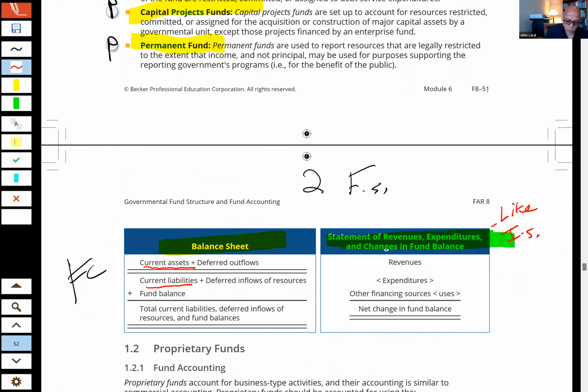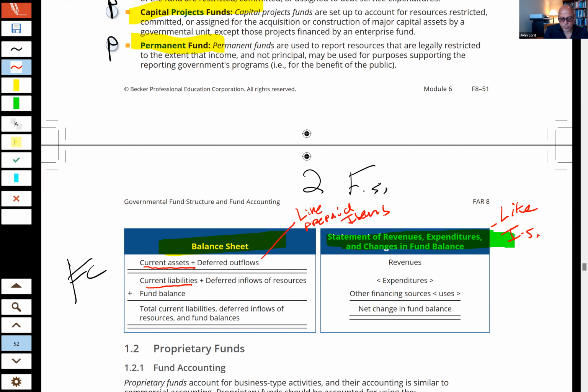Okay. Now we're going to get into this more later, but deferred outflows here are like prepaid items, but not quite. They're sort of between what? Between a prepaid item, which is still considered a current asset under governmental accounting, and they're not quite up to the level of a current asset.